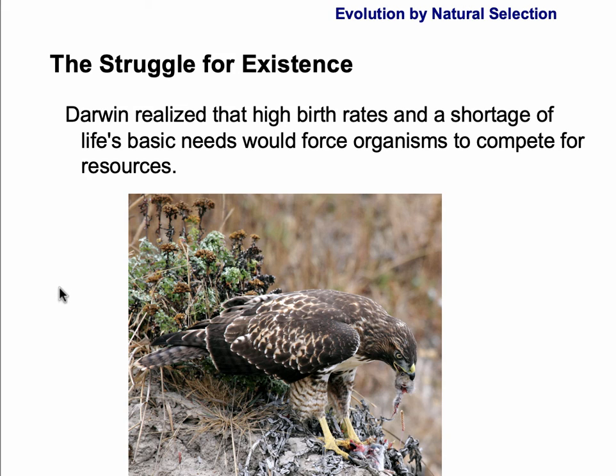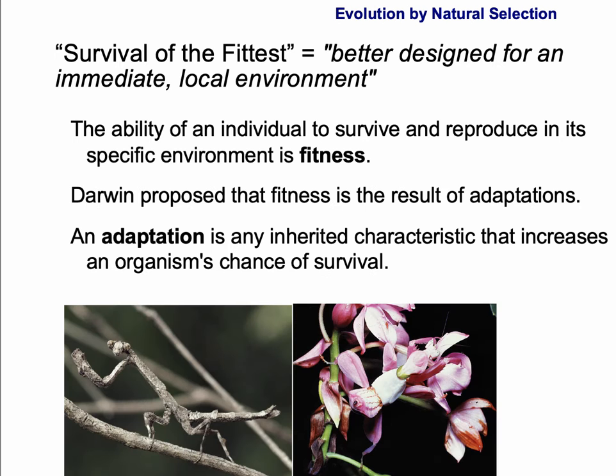So this struggle for existence, we talked about Malthus and this idea that there were limited resources for plants and animals, and so there would be some competition for those limited resources.